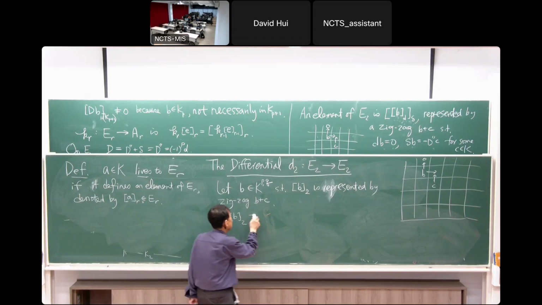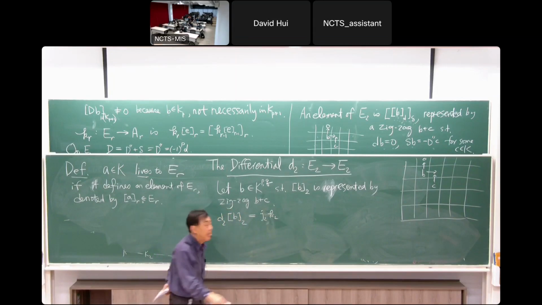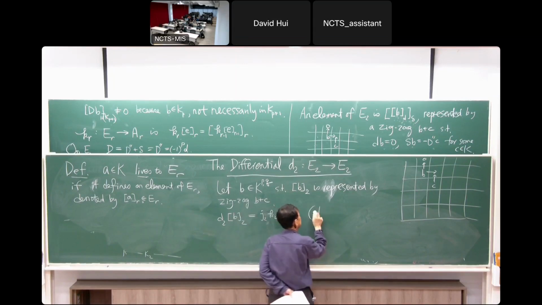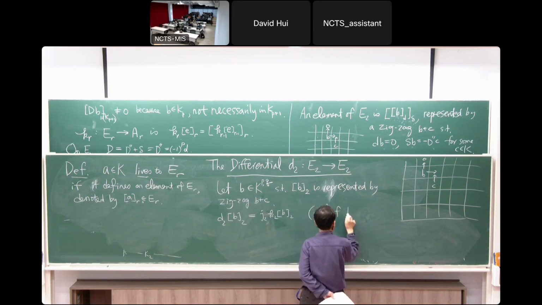By definition, D2 is J2 K2 in an exact couple. So this is the definition of D2.